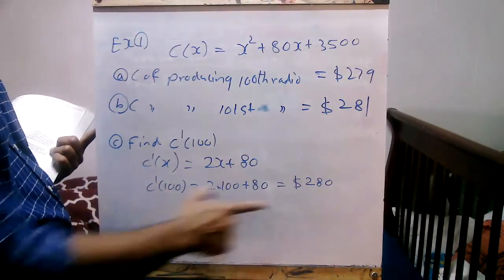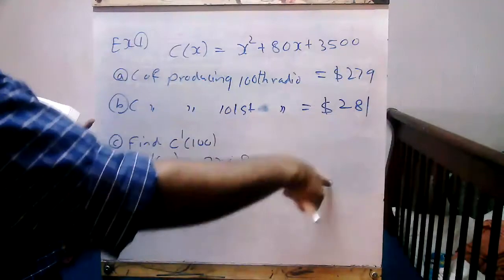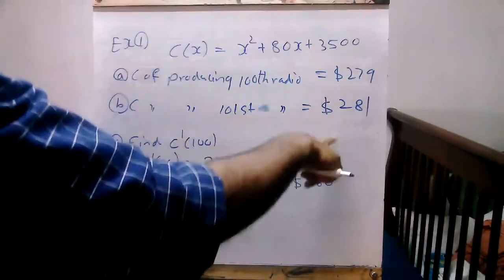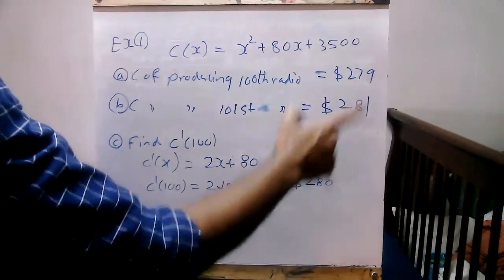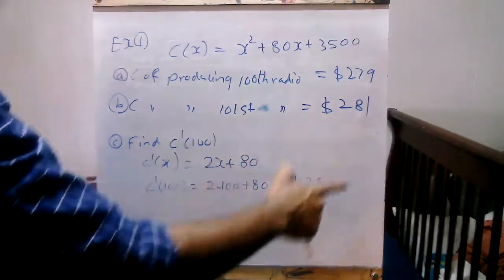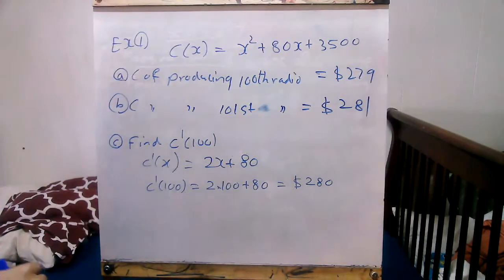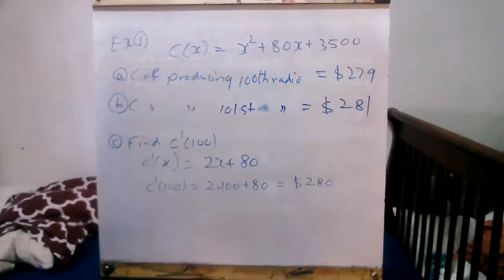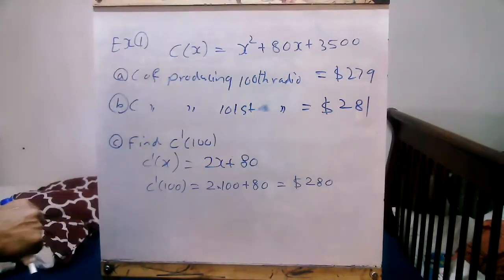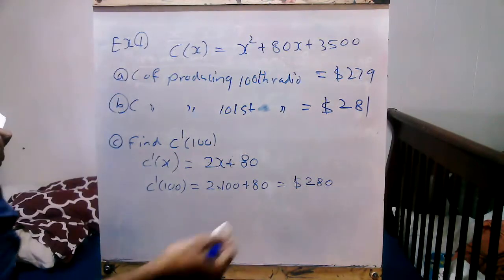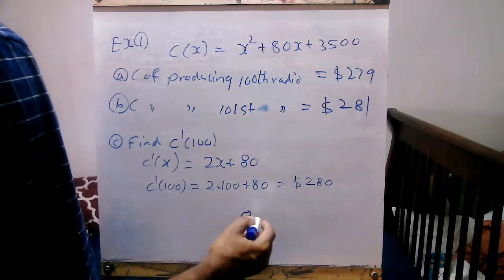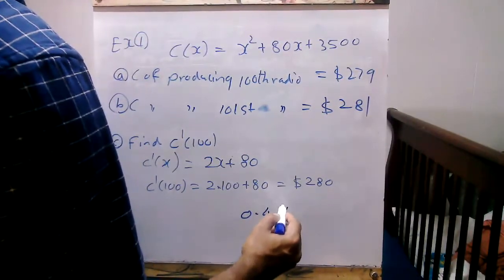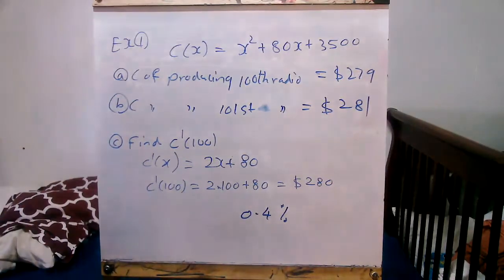C prime 100, right? Thus these are very close, meaning we can approximate 279 with 280, or we can approximate 281 as 280. In doing that, the error is approximately 0.4%. You may calculate the error is 0.4%. This is very small.